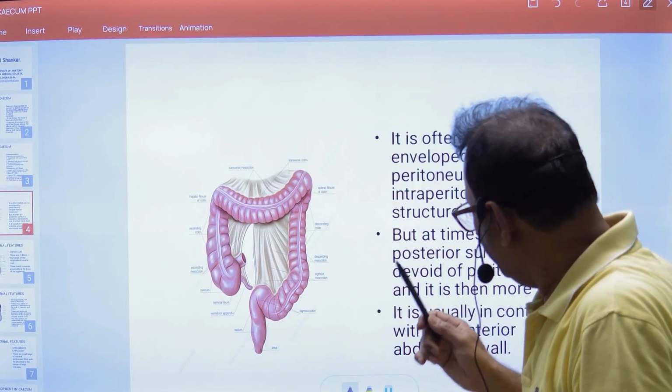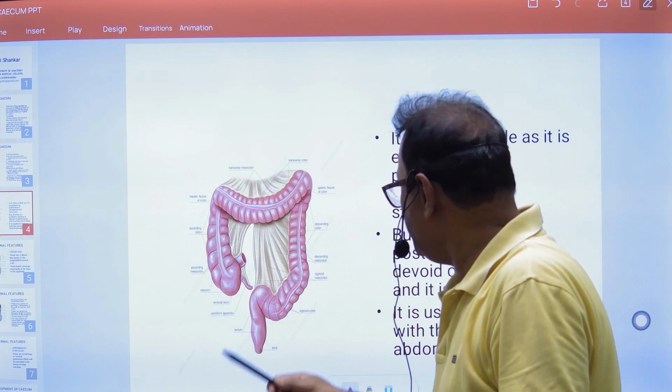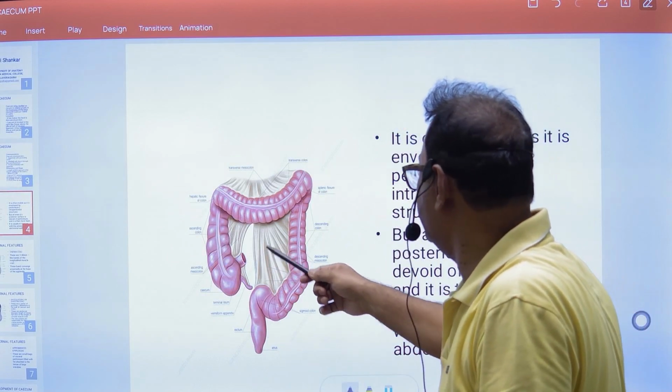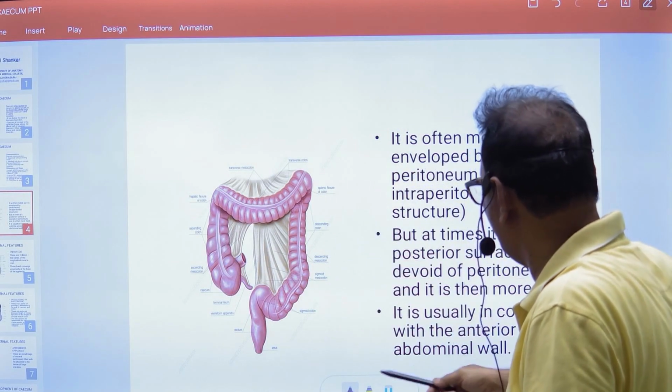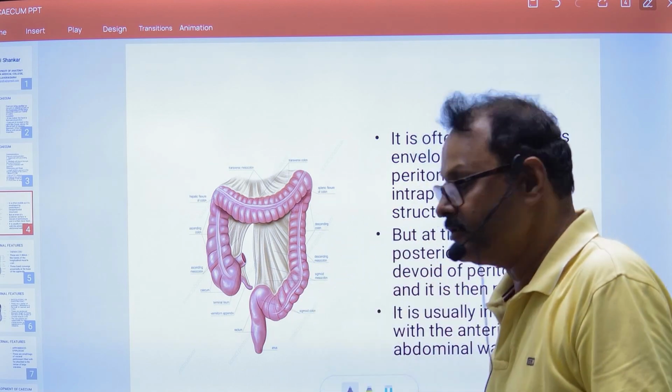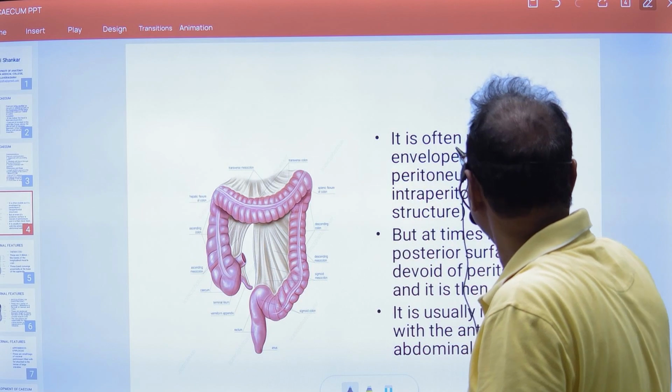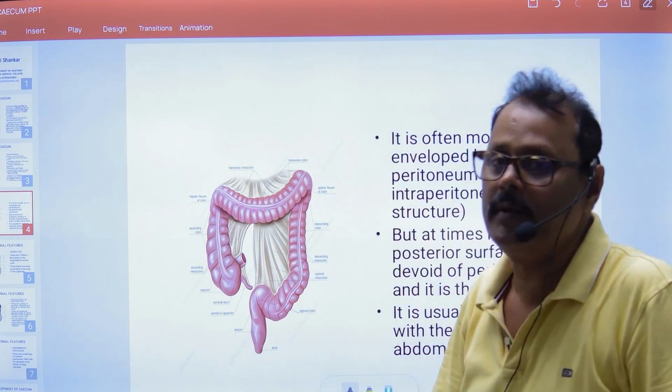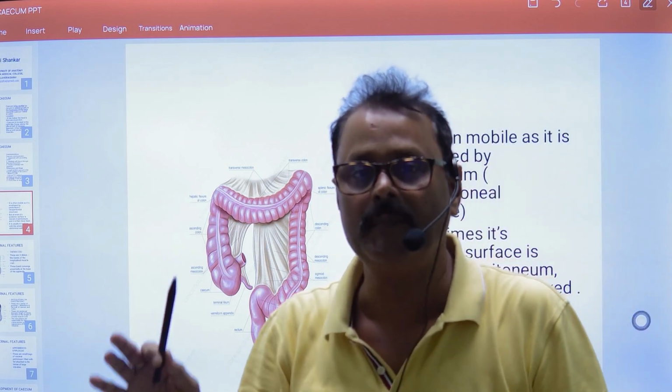It is an intraperitoneal organ, so it must have peritoneum, and we will see its peritoneum, the peritoneal folds and the retrocecal peritoneal recess in our next slide. It is a mobile organ. Why is it mobile? Because it is enveloped by the peritoneum.